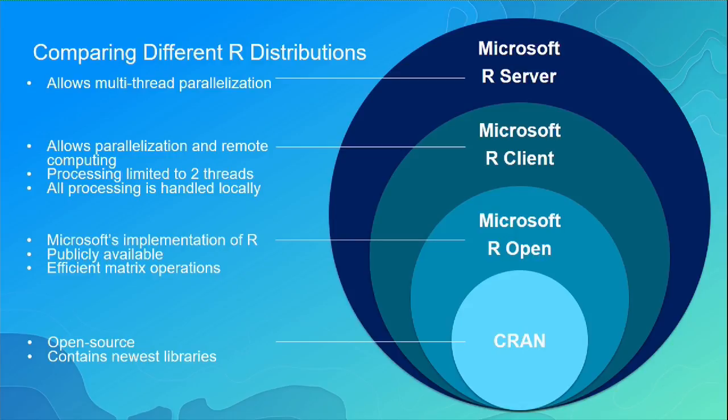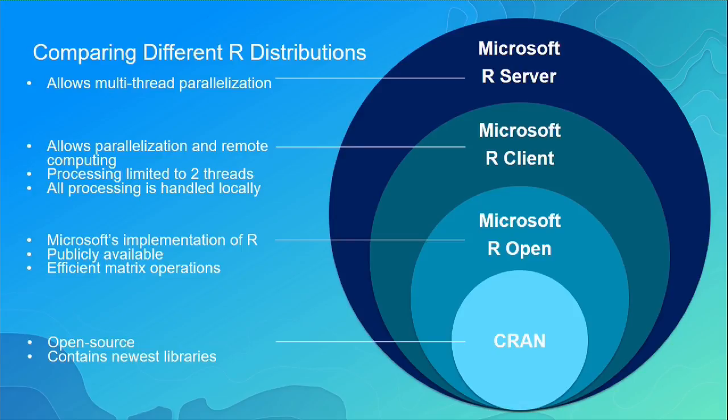So when we go up a circle from CRAN, we have the Microsoft R. It is more efficient, it is faster, but you can definitely see the speed improvement if you're making a lot of matrix operations. And since today we are talking about enhancements and also bindings into being able to accept raster objects, things like matrix operations are really common to do with rasters, such as calculating convolutions on an image and so forth.